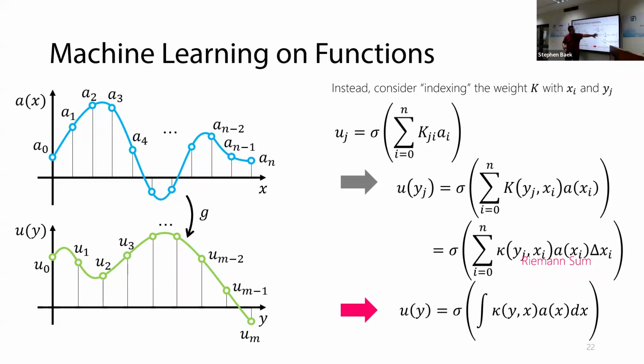But as a matter of fact, this is the key idea, where the neural network weights are actually represented as a function, not a fixed discrete value anymore. Now we have a function k, the kernel function k, that correlates any arbitrary input x with any arbitrary output y at any arbitrary positions.